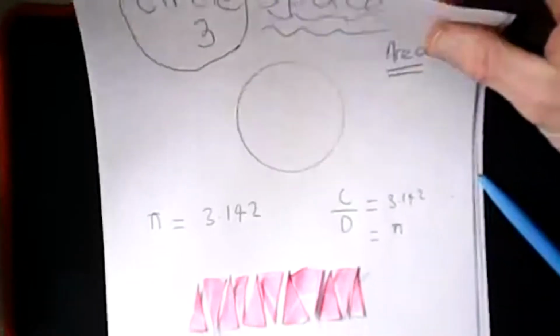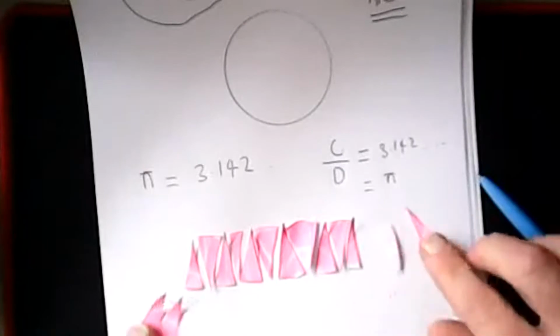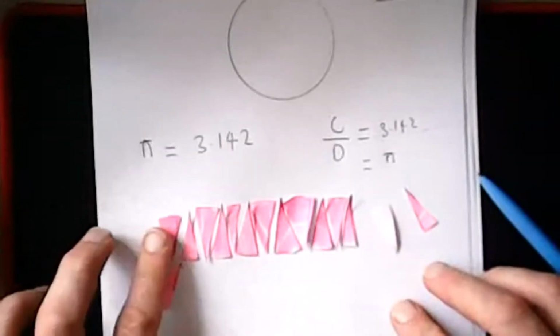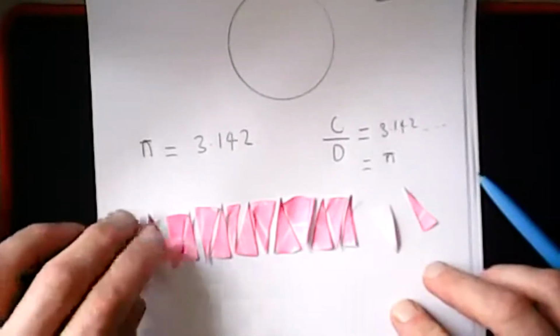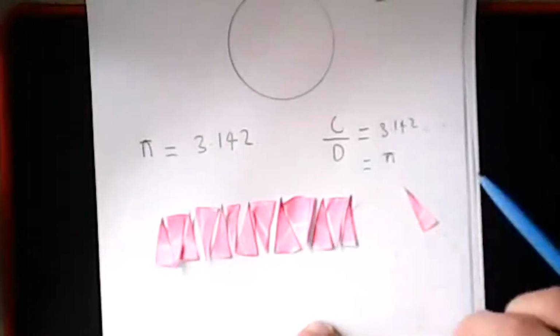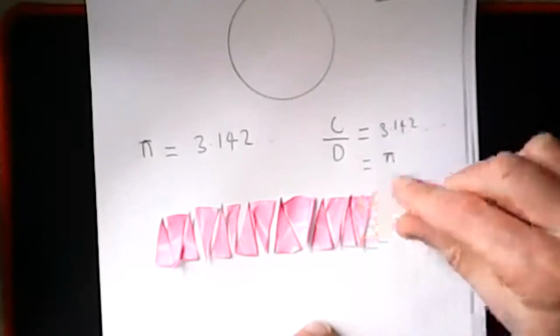Let's move this up a little bit so you get a better idea what's going on. Here's all the sectors, just putting them all together. And look at that. We've put all those sectors together. Just think about now, what is the actual shape that I'm making?